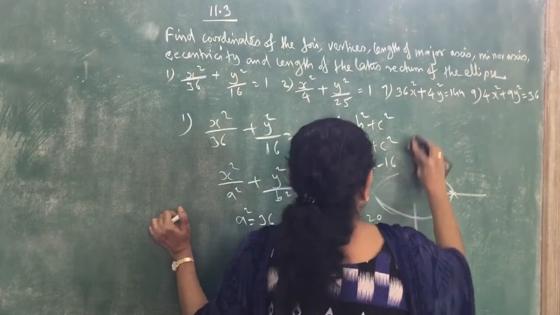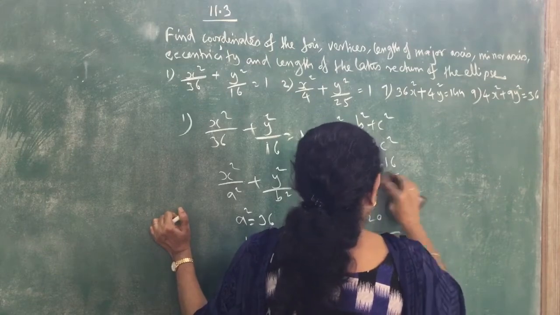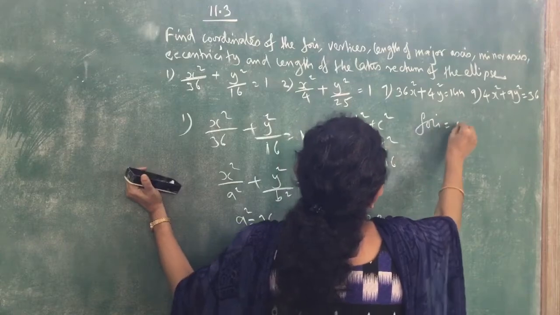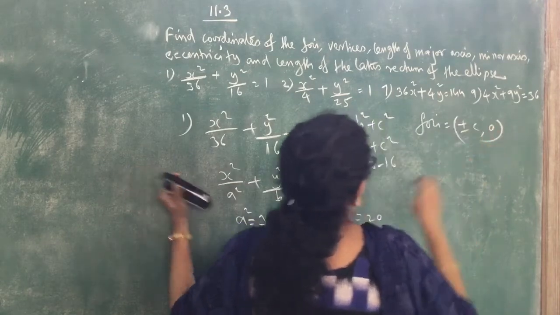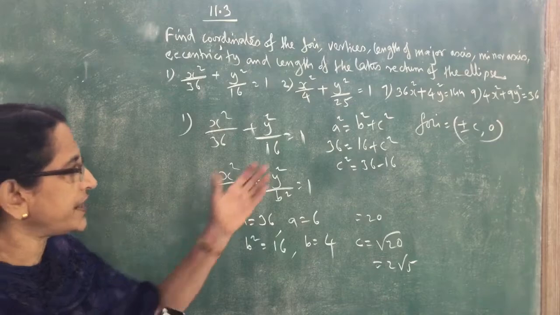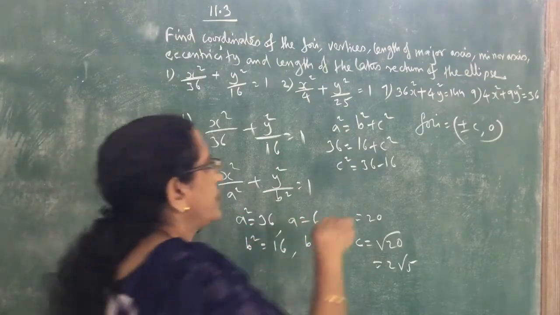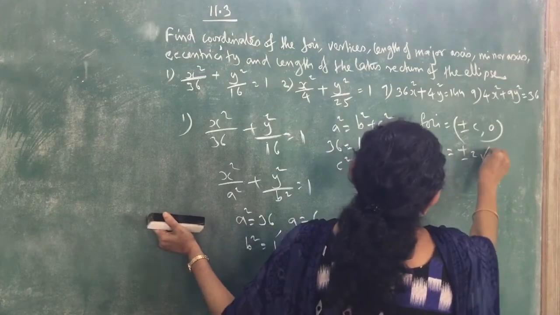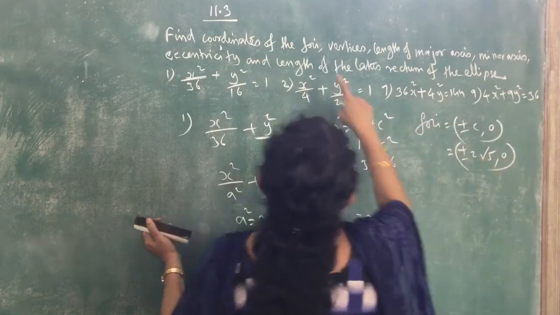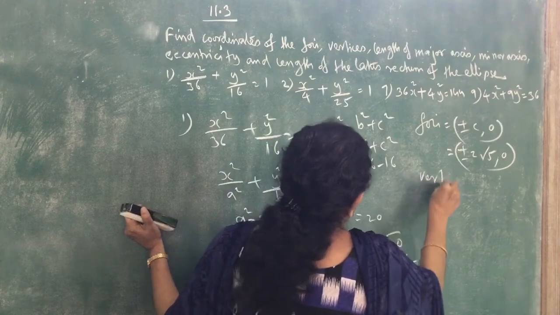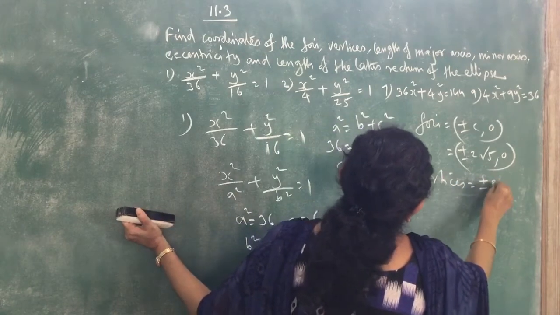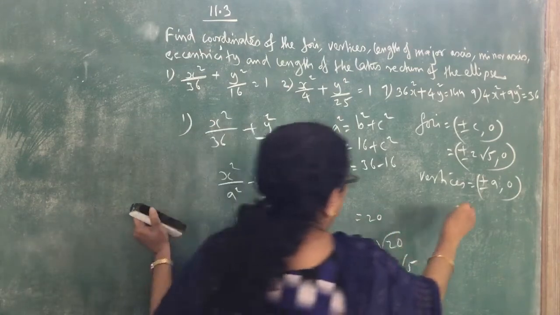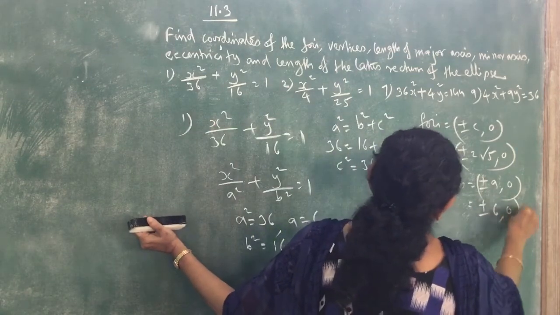Therefore, foci equal to plus or minus c comma 0, that is plus or minus 2 root 5 comma 0. Then vertices equal to plus or minus a comma 0, that is plus or minus 6 comma 0.